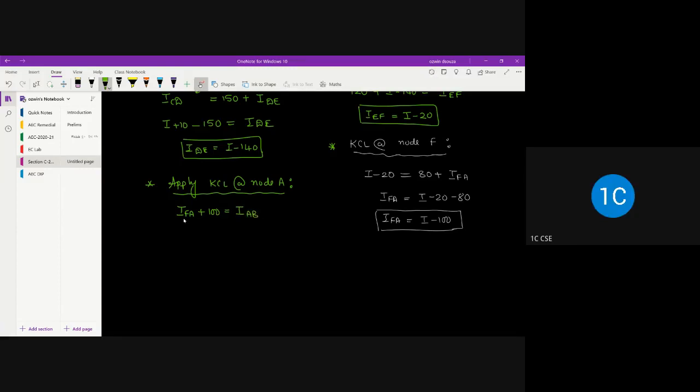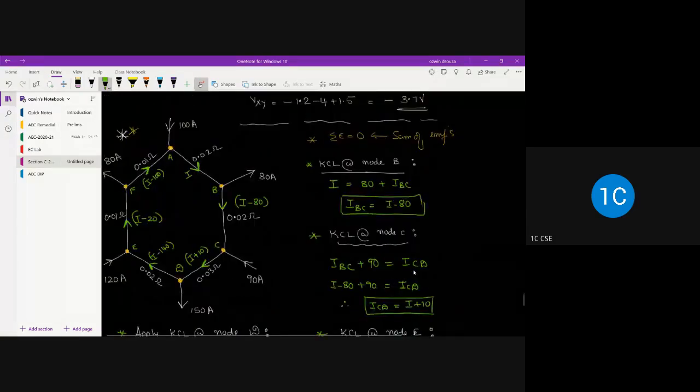All right. So what is IFA? IFA is I minus 100, right? From the previous step, IFA we have obtained as I minus 100, plus 100 is equal to IAB. So 100 gets cancelled. So is IAB equal to I? Is that so? Yes, sir. Correct. So that means we have successfully applied KCL. So this is the way we try to find out the various branch currents. That's the first task.